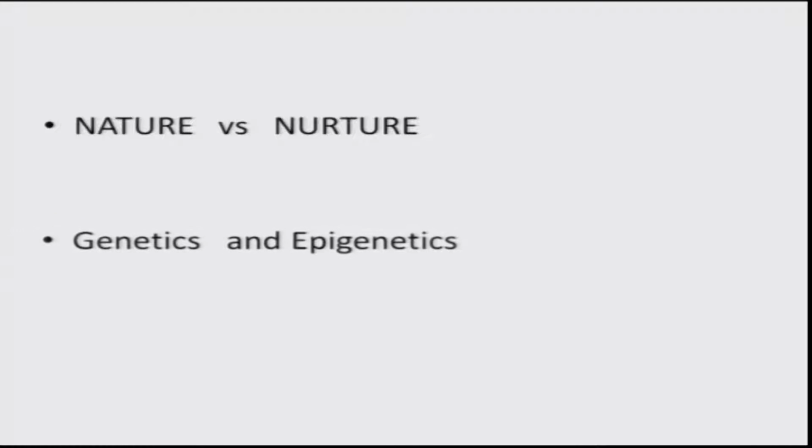Again, the debate of nature versus nurture, genetics and epigenetics, we have mentioned about this in previous lectures. So, just to reiterate, this whole debate of whether the person is born with a personality or the person is a blank slate over something can be written has been raging from ages, but now it is getting more or less settled that it is both. A person is born with a certain genetic template and temperament.